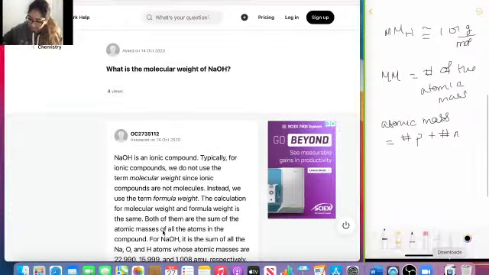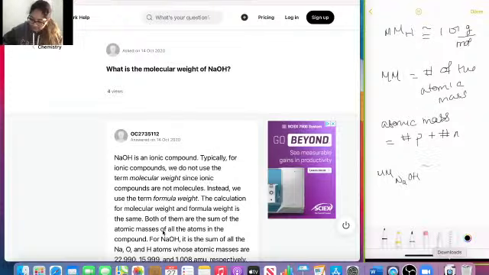So if we go back to our original question, which says to find the molecular weight or molar mass of sodium hydroxide, you basically have to add what we have got for the individual elements.